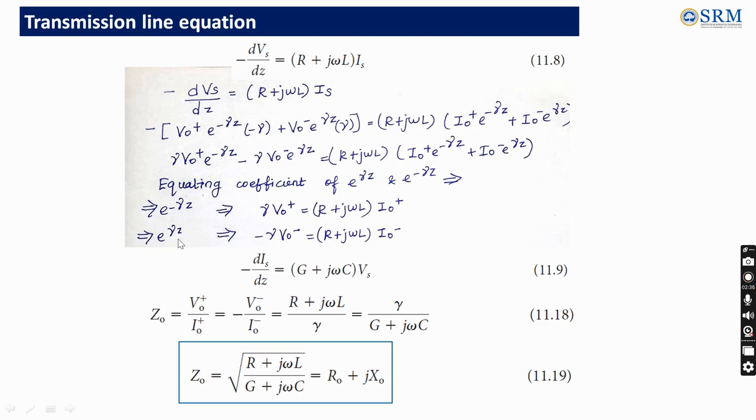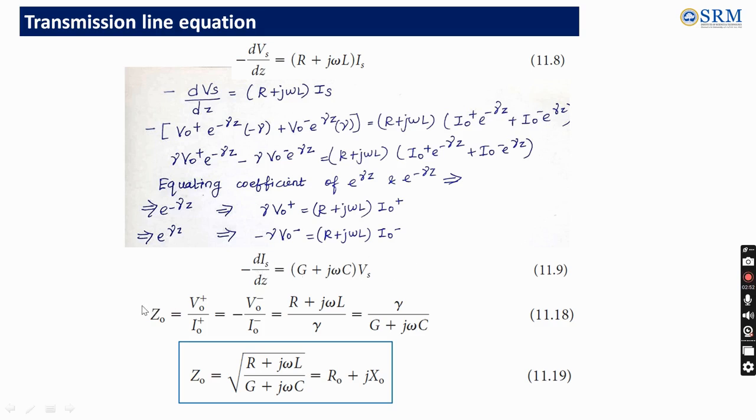Similarly, we can equate the coefficient of e^+γz also. In that case, −γ V0− will be there, and the same (R + jωL) I0− we will get. We can take the current equation also and do the same.